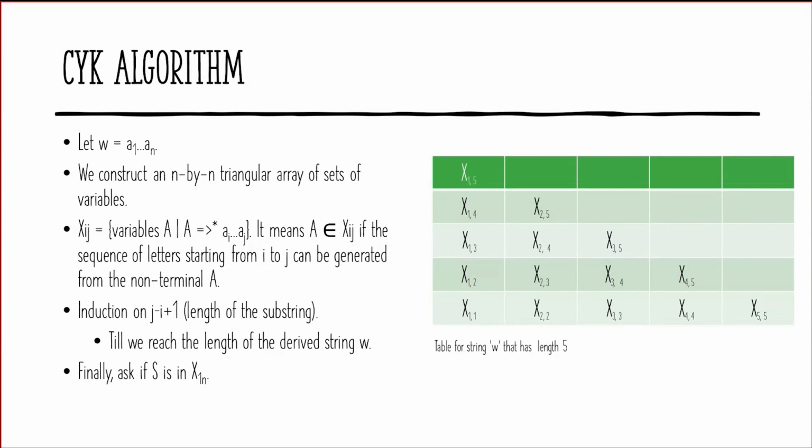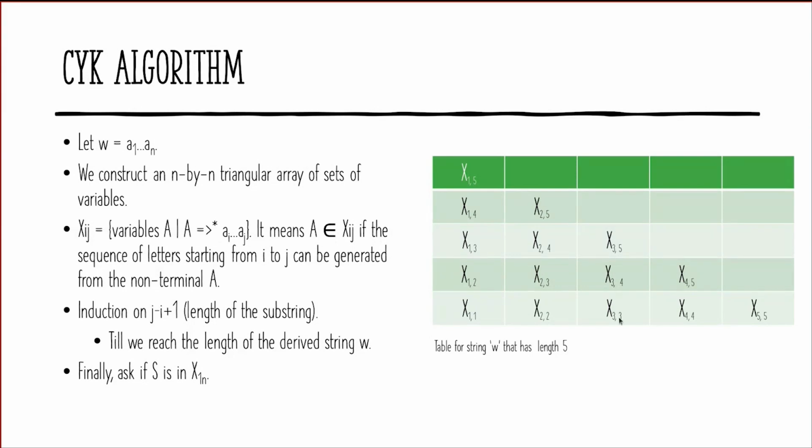We will do induction on the length, so that we use the answers we solved for length one substrings to find the solutions of length two substrings, and we will keep doing this till we reach the length of the given string, that is X1n.